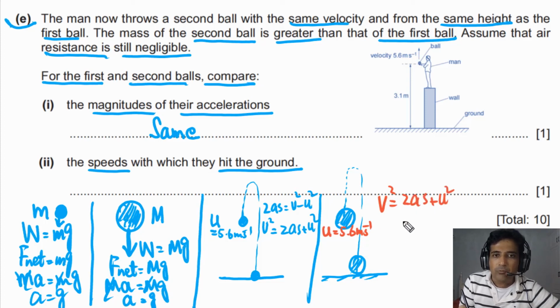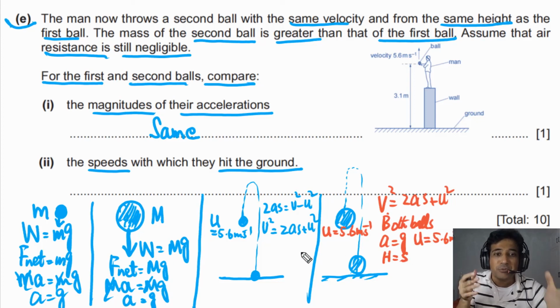Now we need to understand, for both balls we can write down that a is the same, a is equal to g, and the initial velocity is also the same, so u is equal to 5.6 meters per second, and the height is also the same, meaning we throw them from the same height, so h is equal to s, which is also the same.